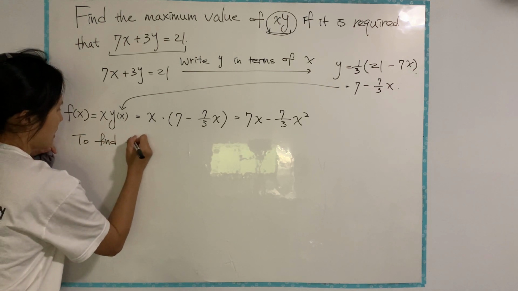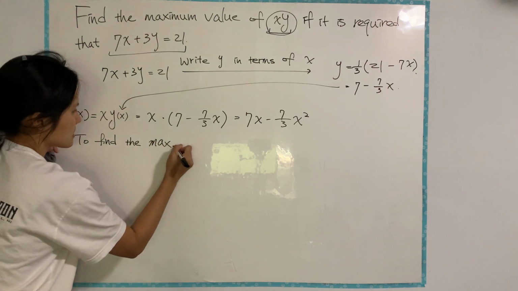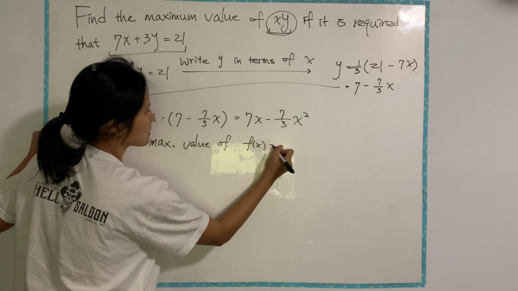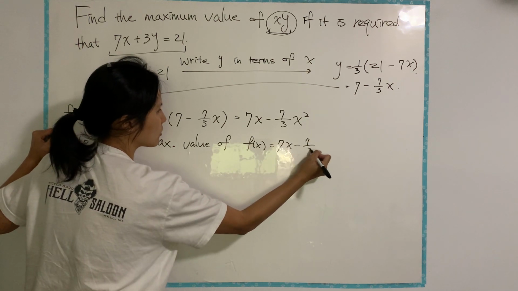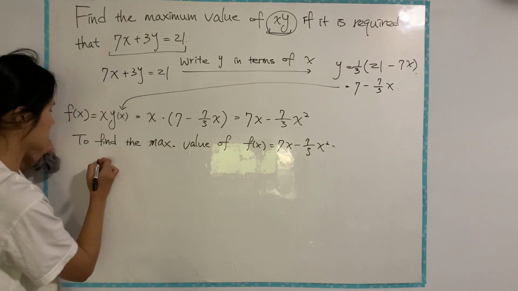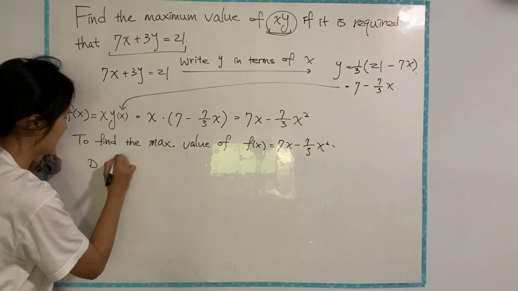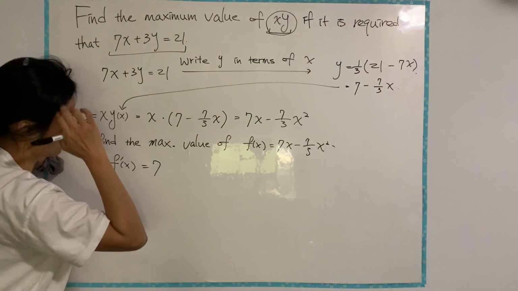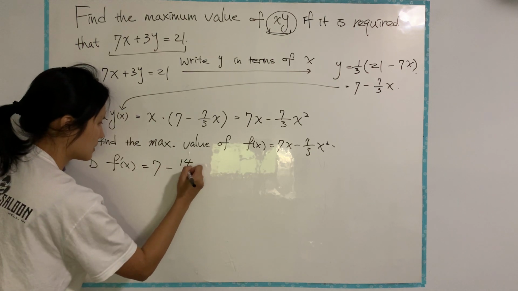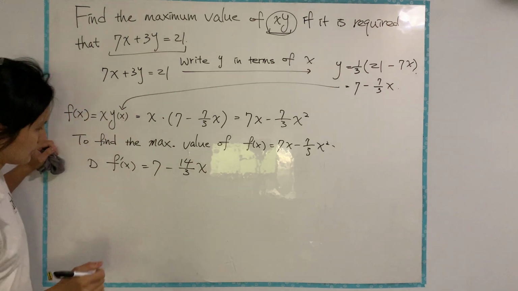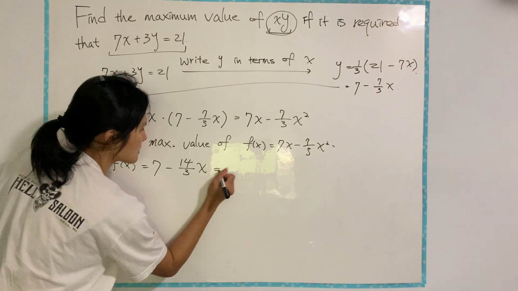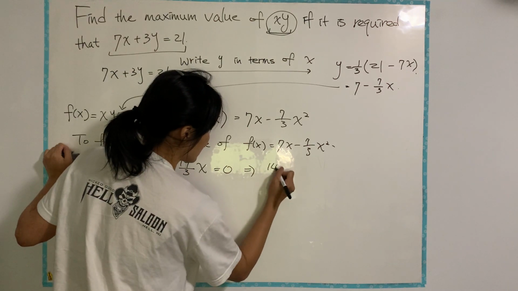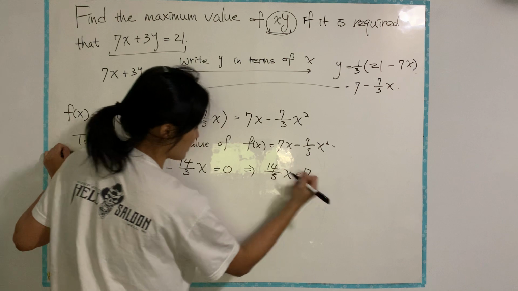Okay. So to find the maximum value of a function, we know how to do that, right? So we first find f prime. This is a simple function, so its derivative can be written down very straightforwardly like that, okay? So if this equals 0, then we have 14 over 3 x equals 7.